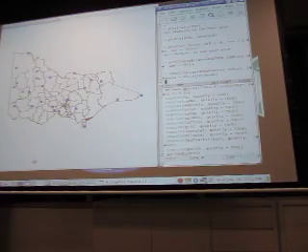Here's a map of Victoria. I think I've lost my mouse.